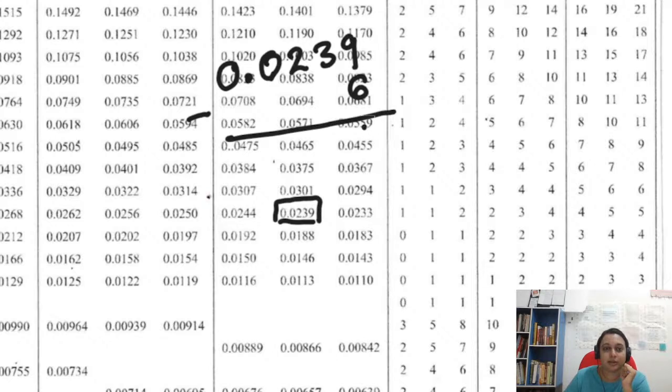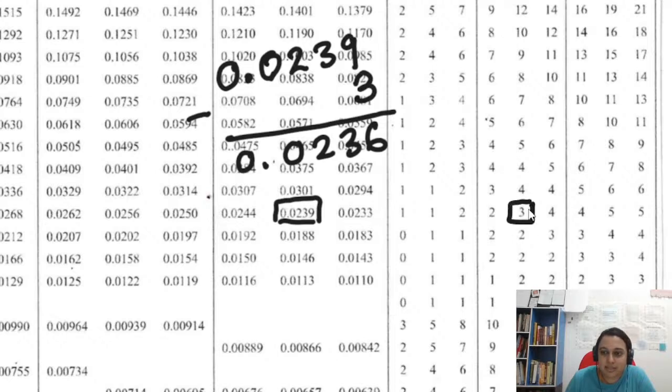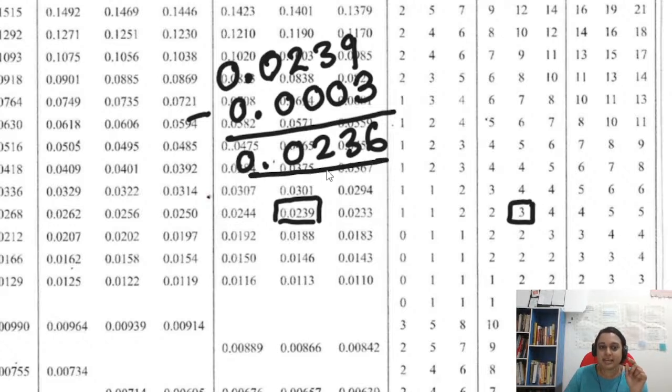Sorry, 2, 3, 6. Oh, kita nak 2, 3, 6. 0.0236. So must tolak with what? 3, right? 9 tolak 3, then only can get 6, isn't it? Okay, so the behind one you must choose 3 lah. Minus 0.0003. When you minus only, you get exactly like you want.